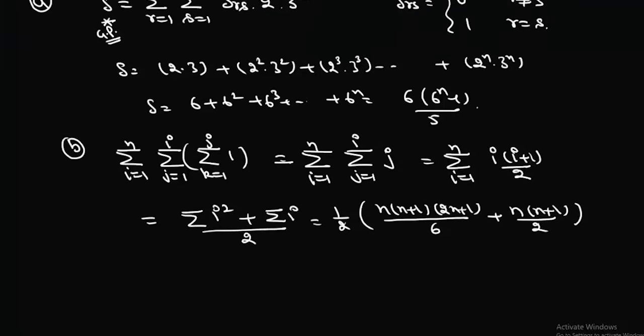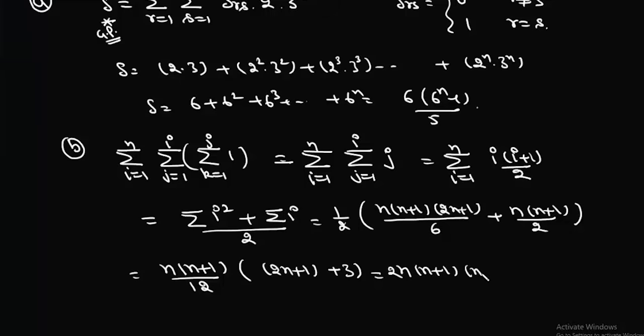We can write this as n into n plus 1 by 12, and here we'll have 2n plus 1, and here will be simply 3. So this is n plus 1, and this is 2n plus 4, which is 2 into n plus 2, upon 12, which we can also write as n into n plus 1 into n plus 2 divided by 6, and that is the answer to this question.